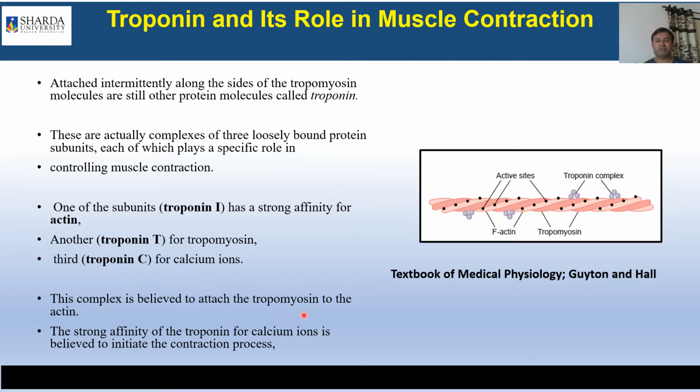The complex is believed to attach the tropomyosin to the actin, and the strong affinity of troponin for calcium is believed to initiate the contraction process.